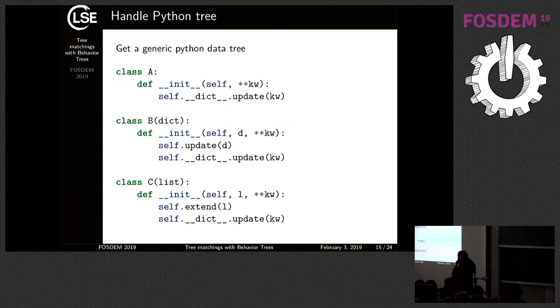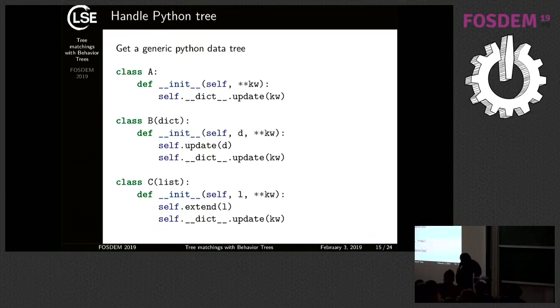So let's create a generic Python tree. I create a class. I just do a mapping of keywords, parameters inside my attributes. So with my class, I could simulate any class with attributes.